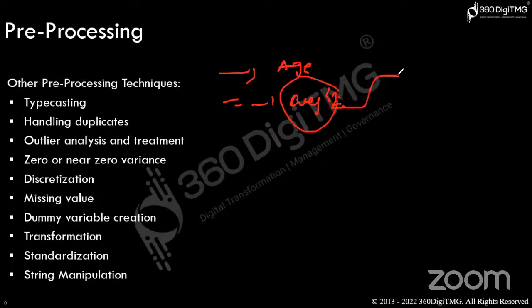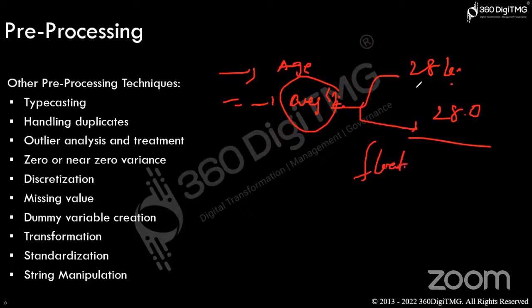You can represent your weight as 28 kg, or you can represent it as 28.0. If you want to use the weight column as float, but the data given is simply 28, Python will take it as an integer.